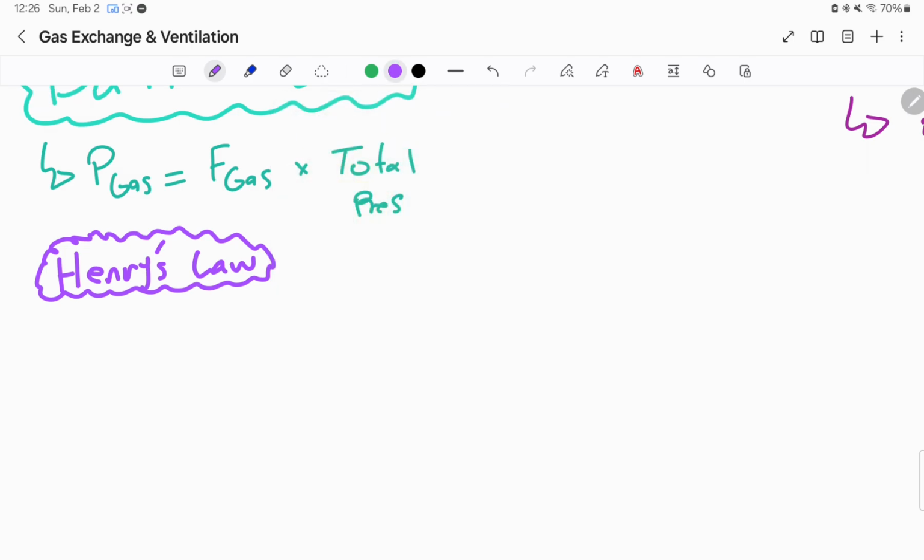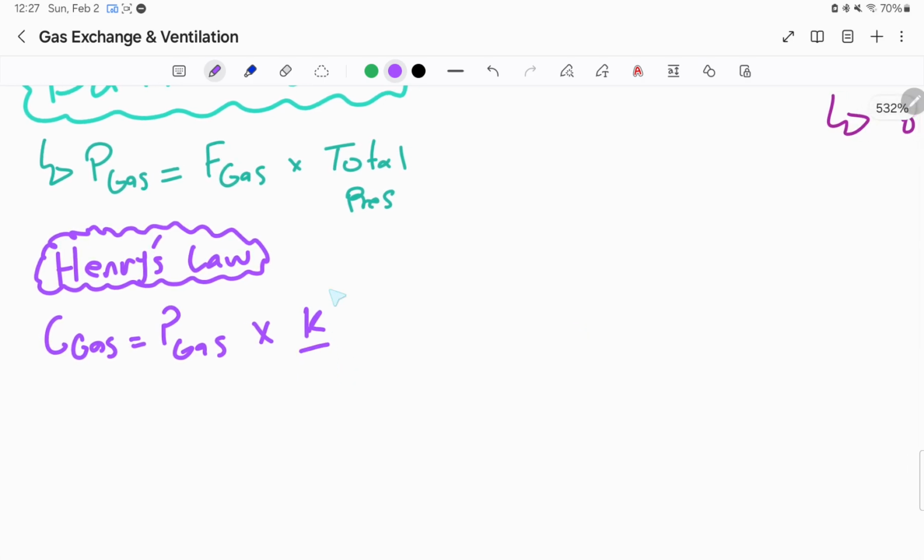Henry's law states that the concentration of a gas, any given gas, equals the partial pressure of that gas multiplied by its K constant. Do not get this K confused with an equation that we're going to talk about soon. That equation, the K that it has in there is a constant, and we'll look at that. But this K stands for the solubility coefficient.